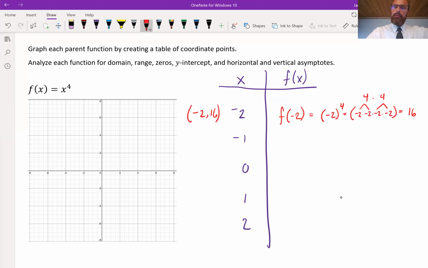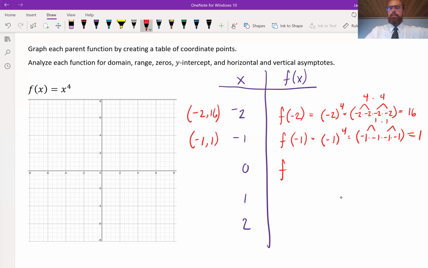We'll keep going, f at -1. So again, we're going to see that pattern of pairs of negative numbers multiplying to become positive. So each of those pairs is going to become +1. 1 times 1 is 1. -1 comma 1. Let's see what happens at 0.